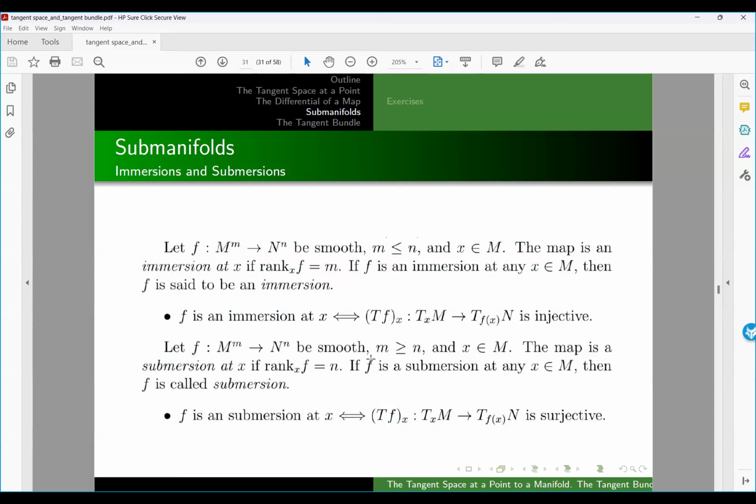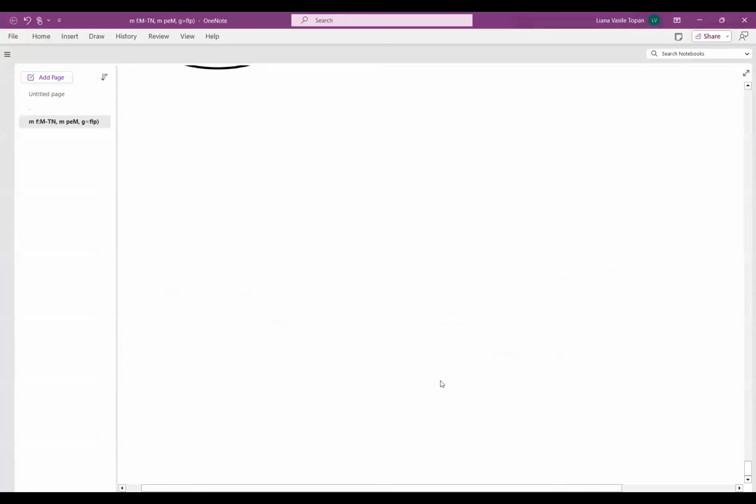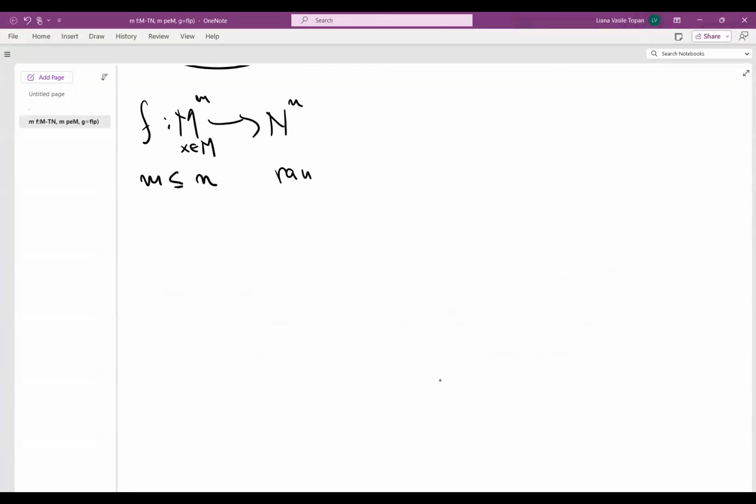Now there are some equivalent statements here which come easily from linear algebra. Suppose that F is a smooth map. If m is less than or equal to n, and x is a point of M, and the rank of F at x is m, then F is called an immersion at x.